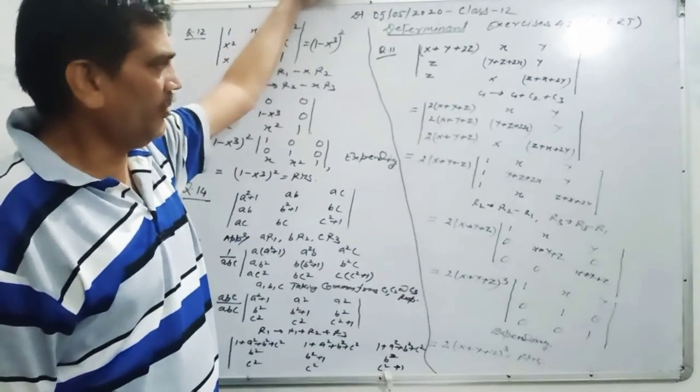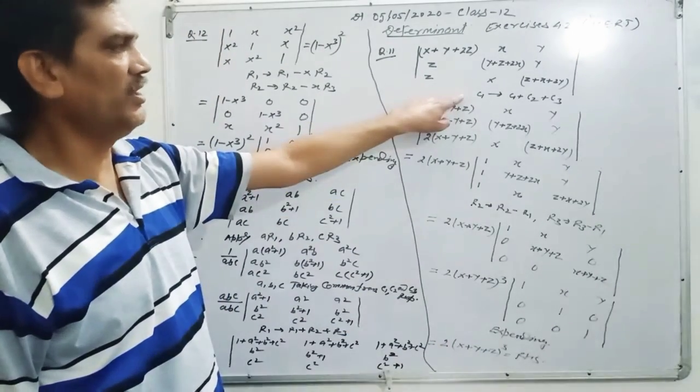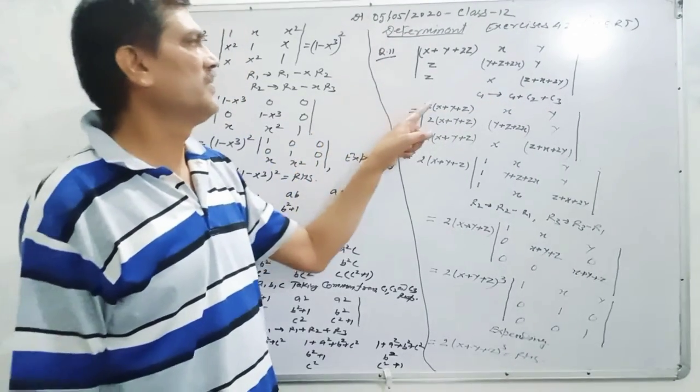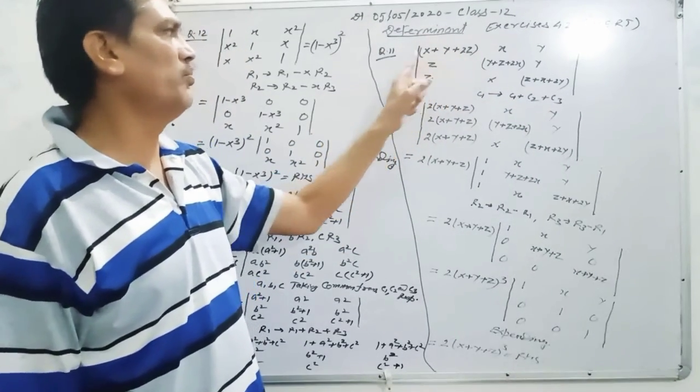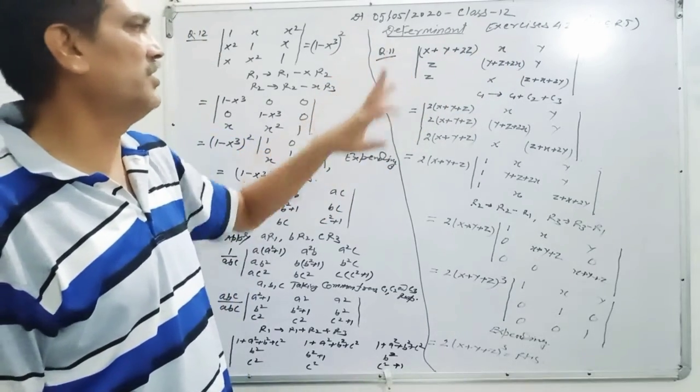With the help of properties, to get this result, apply C1 tends to C1 plus C2 plus C3. This will be added in C1.